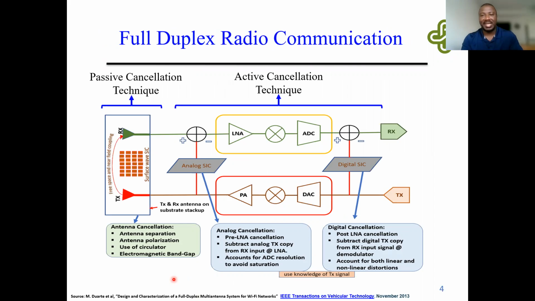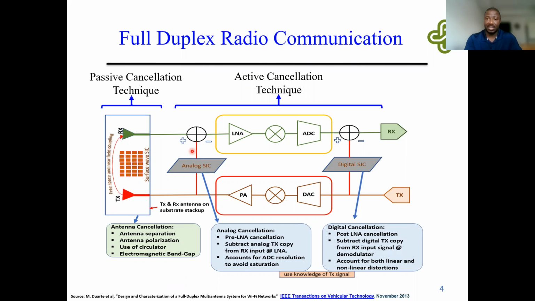In order to better understand full duplex communication, I would like to quickly touch on the full duplex radio communication channel with emphasis on self-interference cancellation techniques. On this slide is a full duplex transceiver channel.